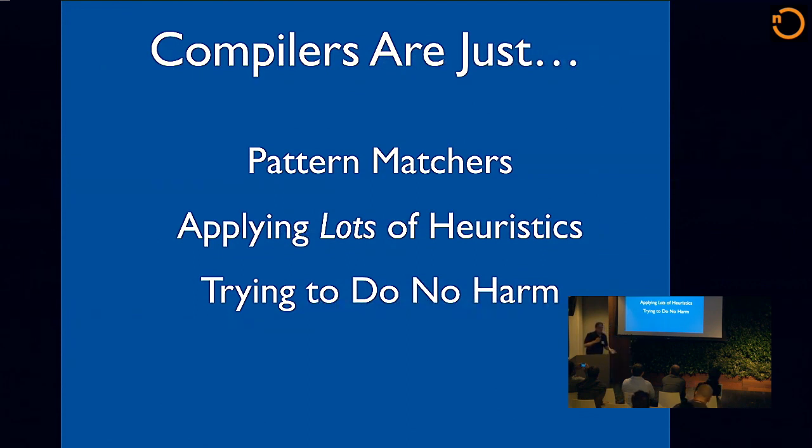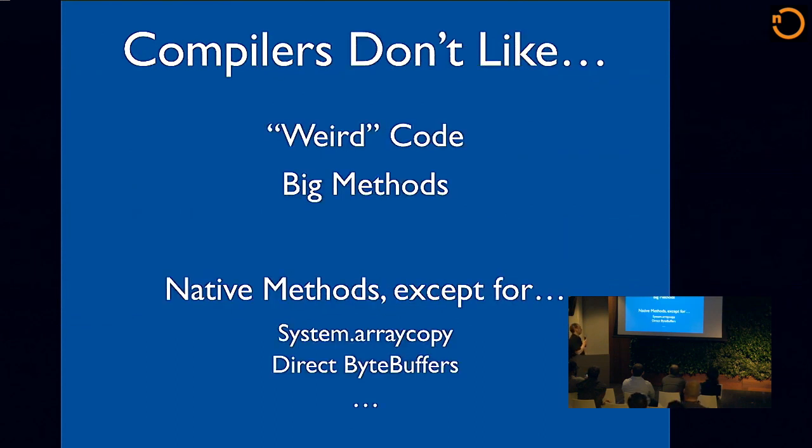If you give it things that are hard, like having to prove that this call doesn't have memory effects in a hot location, it may fail and performance will suffer. What compilers don't like is weird code. What's weird? Well, I don't know.